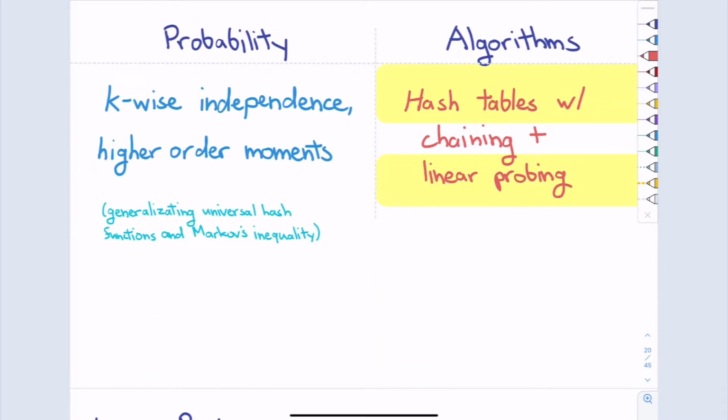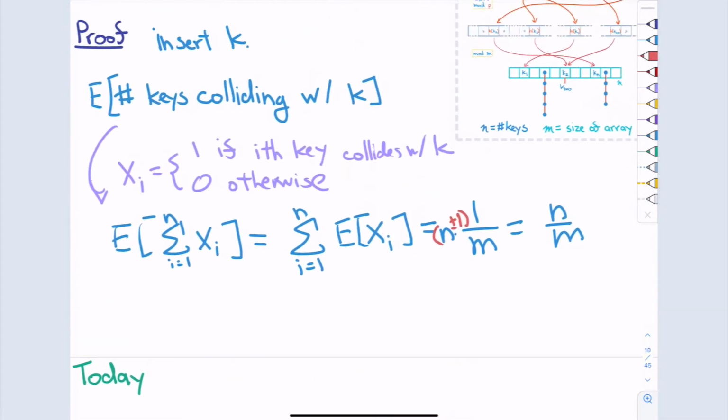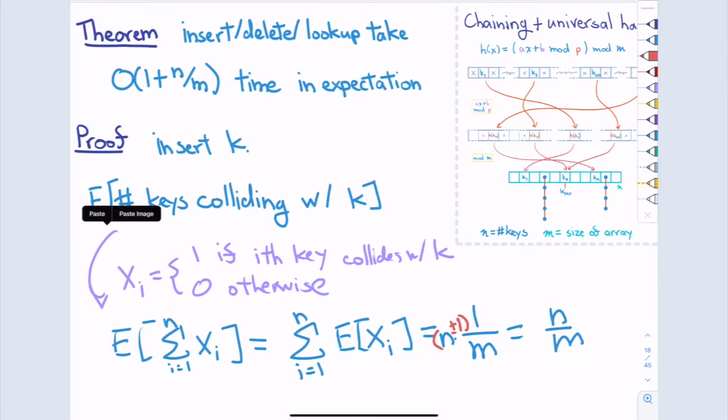Yeah. Rather than doing it just for expectation, can we do something with high probability? Well, based on the tools we already know, let's say that m is roughly n, so we're looking at constant time in expectation. What are the odds that it's within a constant factor of constant time?